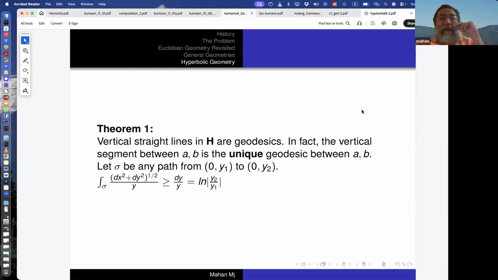In order to integrate, ds is square root of dx square plus dy square by y. Which means what? Square root of x prime t whole square plus y prime t whole square, dt, divided by y of t. That's what we are wanting.